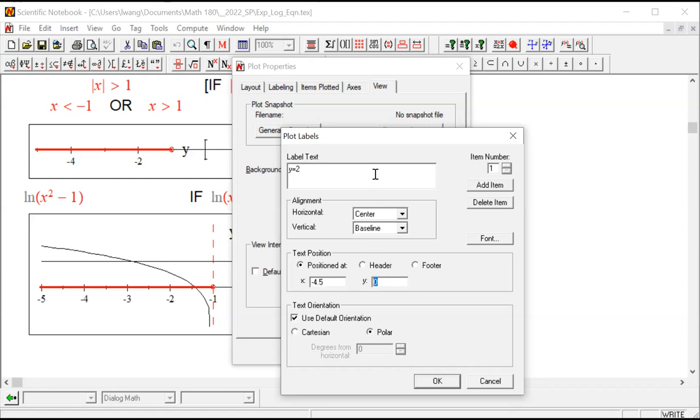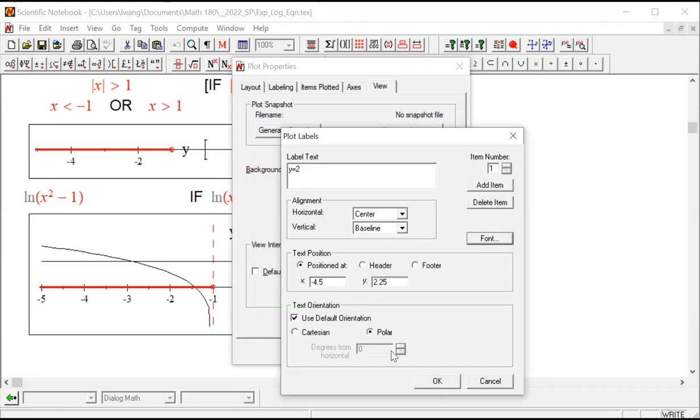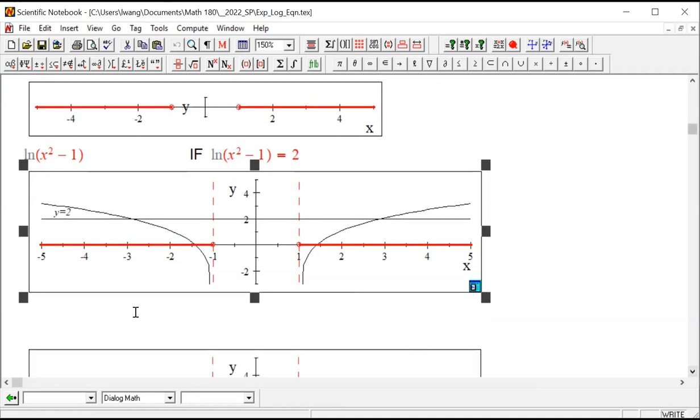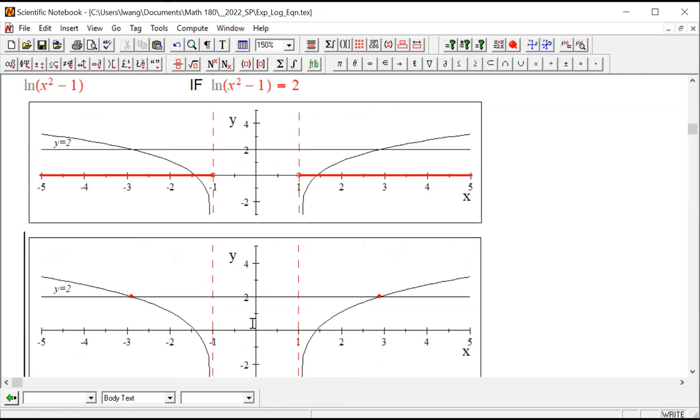Let's see. We want this done properly so you can see well. So we have 2 solutions, and these 2 dots are what we want to find.